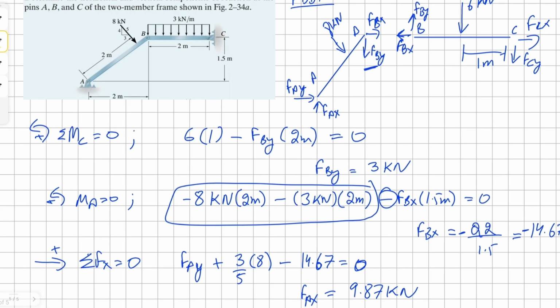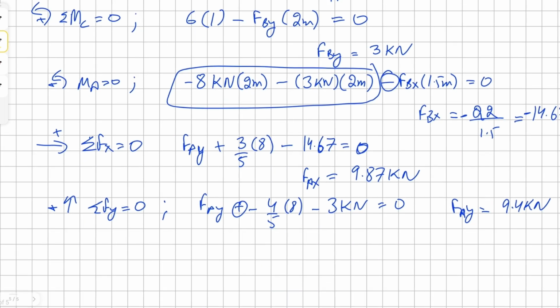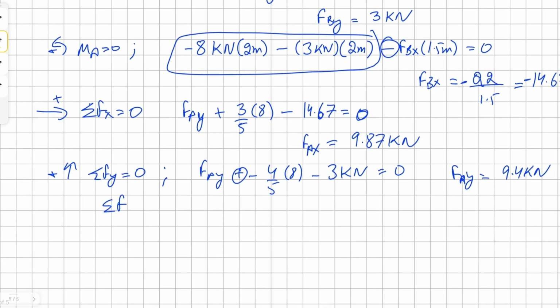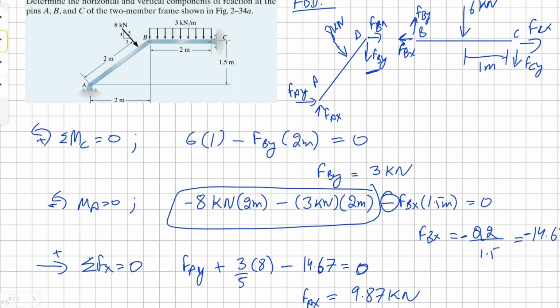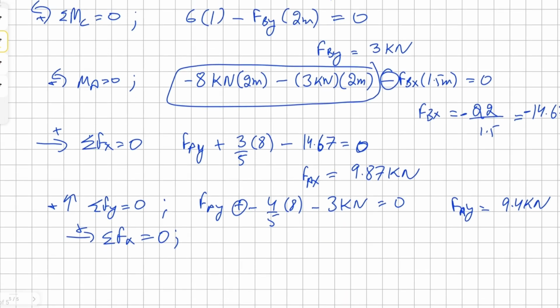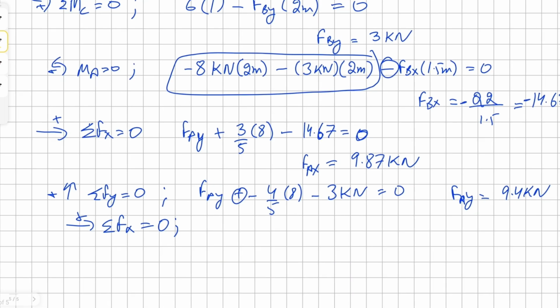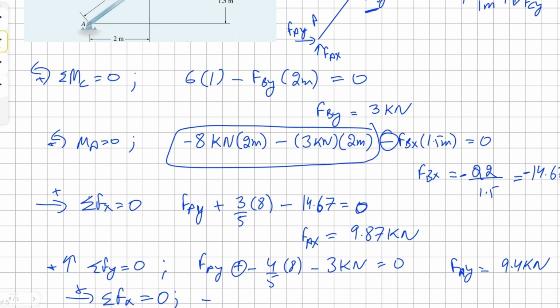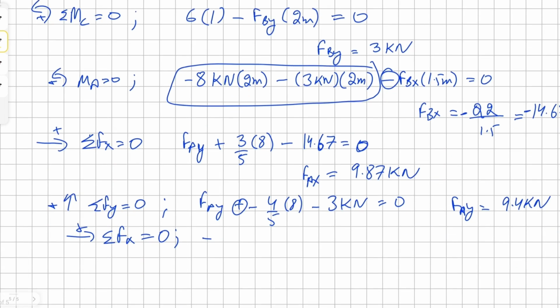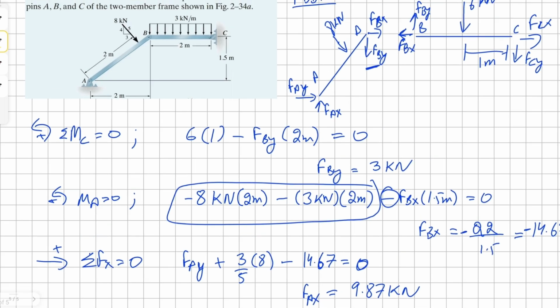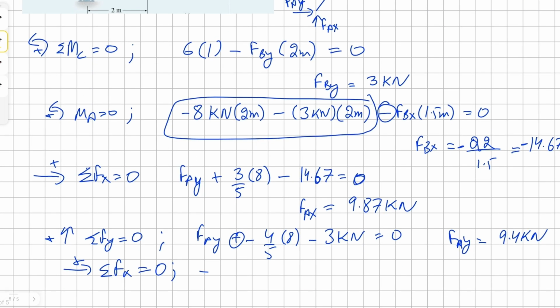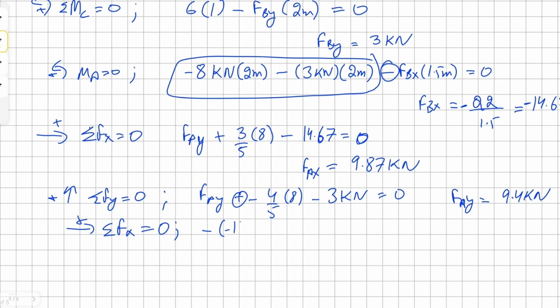Okay, and now let's do real quick our values for point C. So sum of forces in the x direction at member BC. At member BC, we know our Fpx is negative, because of the direction, and then we have a negative from our value, negative 14.67 kilonewton.